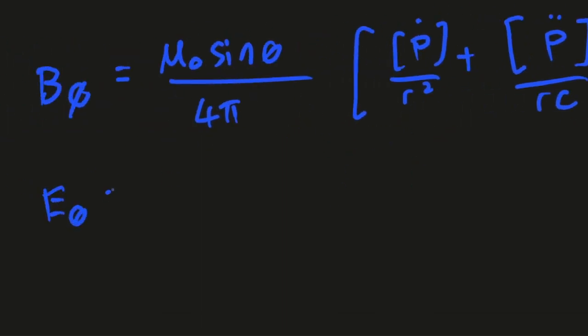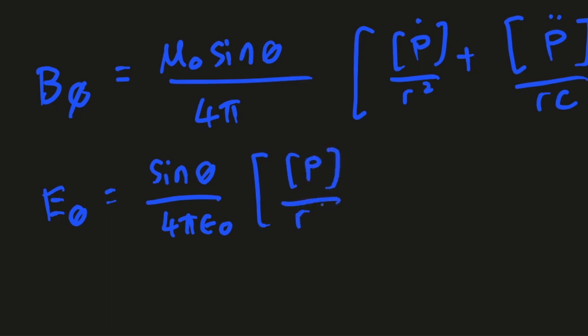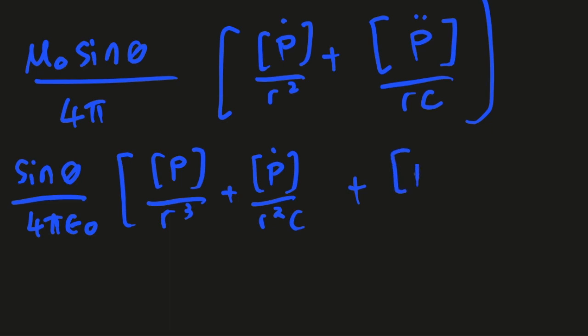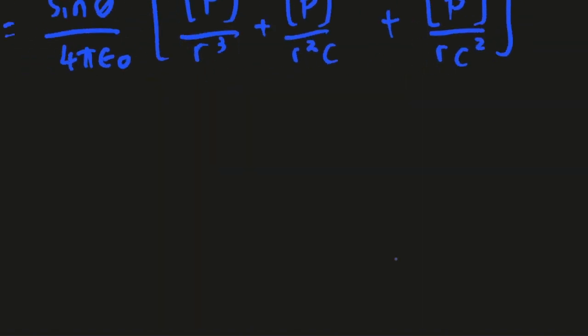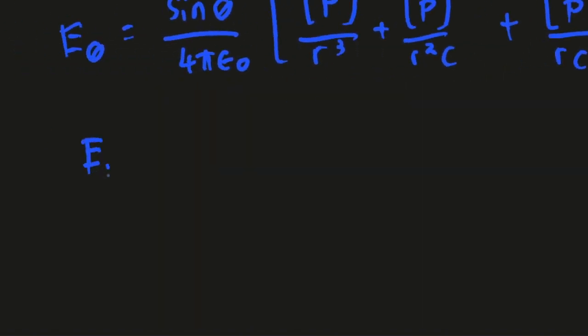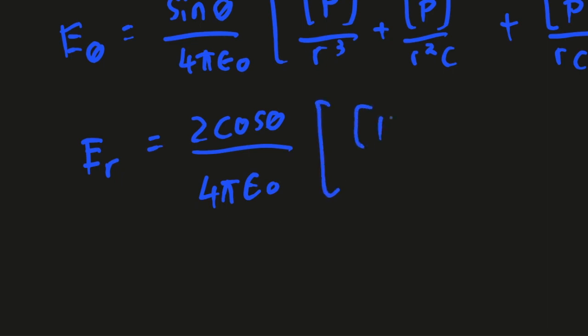E theta is sine theta over 4 pi epsilon naught times p over r cubed plus p dot over r squared c plus p double dot over rc squared. And finally, the radial component of the electric field is 2 cos theta over 4 pi epsilon naught times p over r cubed plus p dot over r squared c.